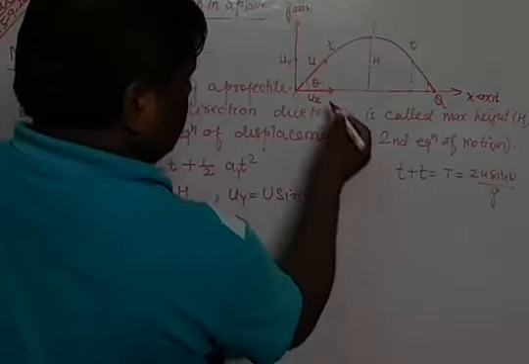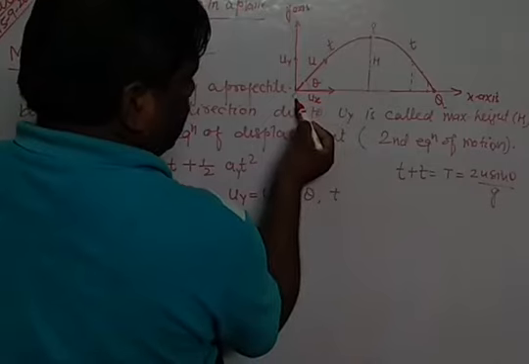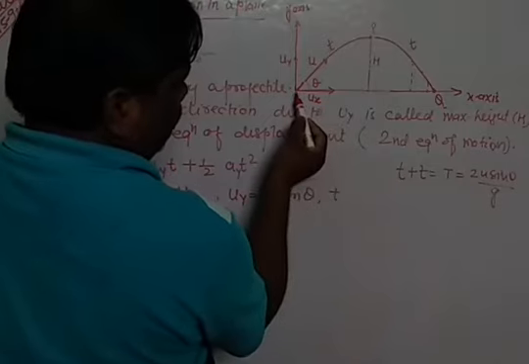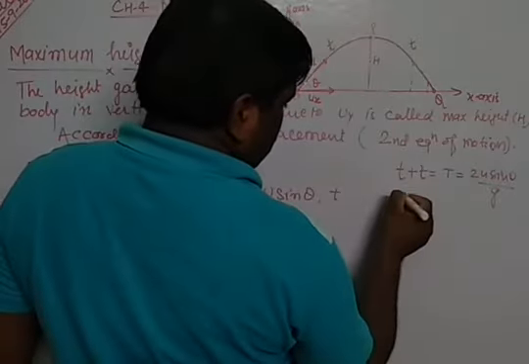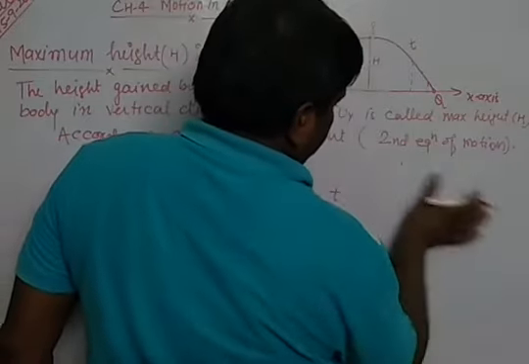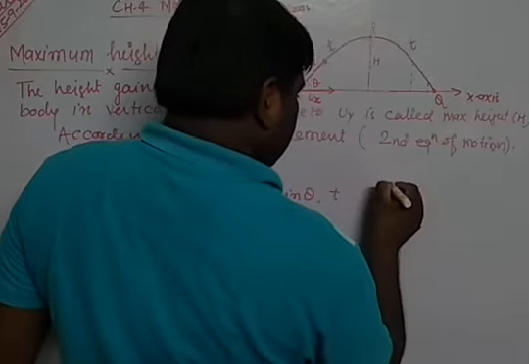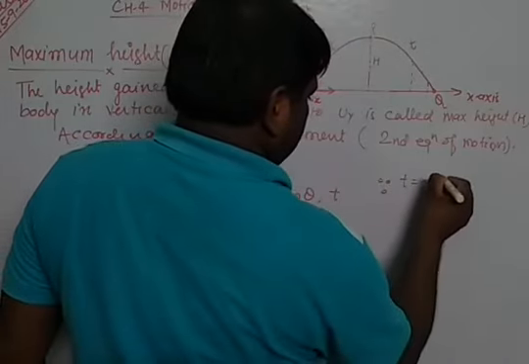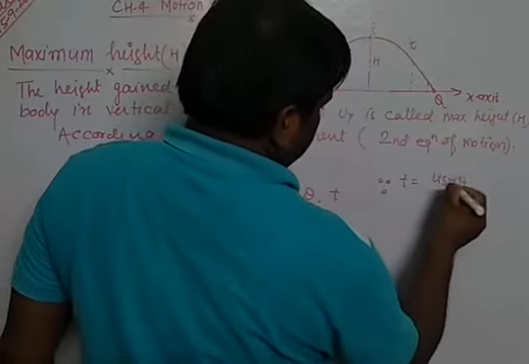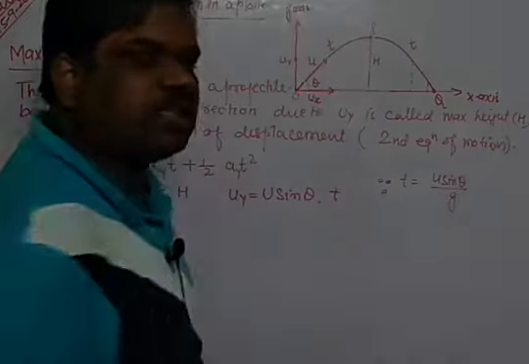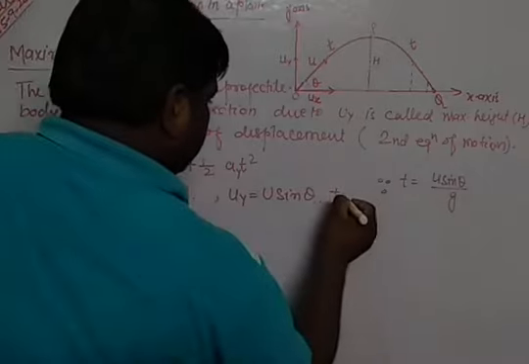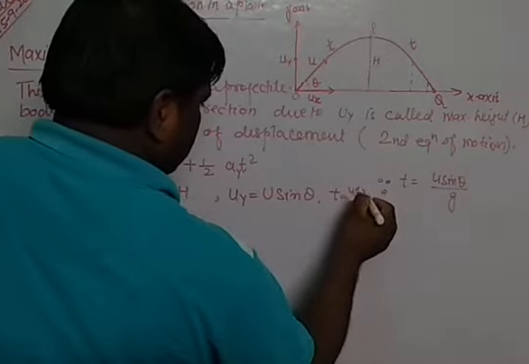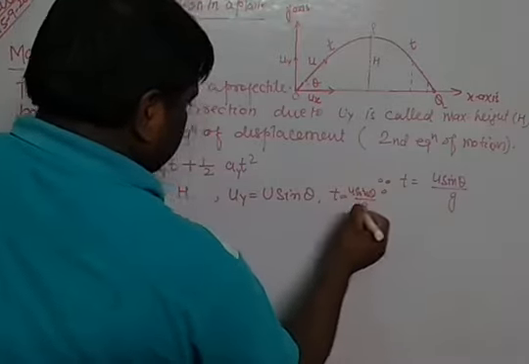But here this t is only the time taken by the projectile body from point O to P, that is only t. So the value of small t will be u sin theta upon g instead of 2u sin theta upon g. Got my point? Very good. So this t is equal to u sin theta upon g.